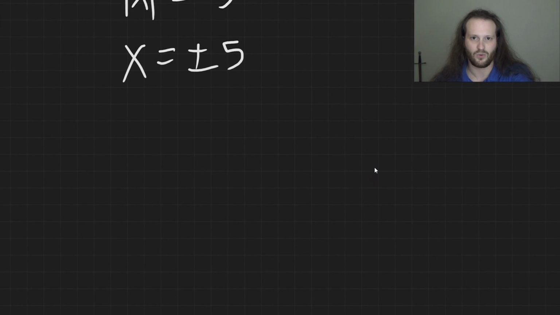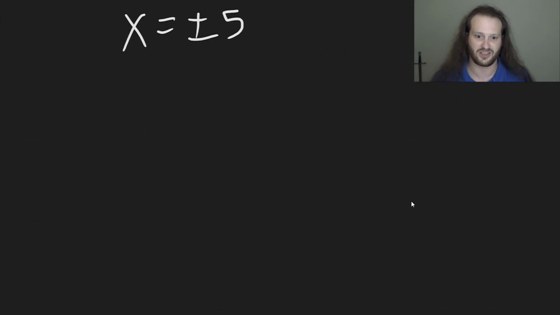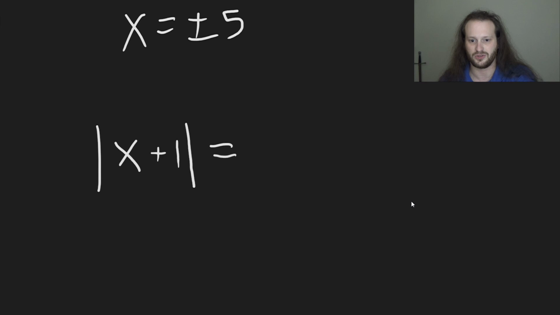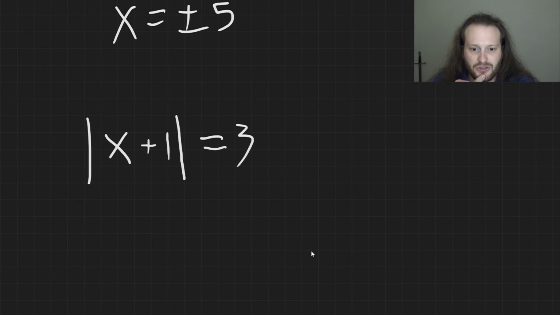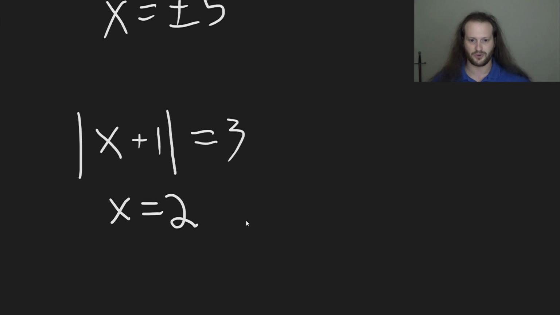But what about expressions that are not fully simplified inside those absolute value bars? How do we go about algebratizing those? The absolute value of x plus 1 equals 3. So we know that, well, what numbers would work for this? Well, 2 would work. That's easy enough. But not -2.